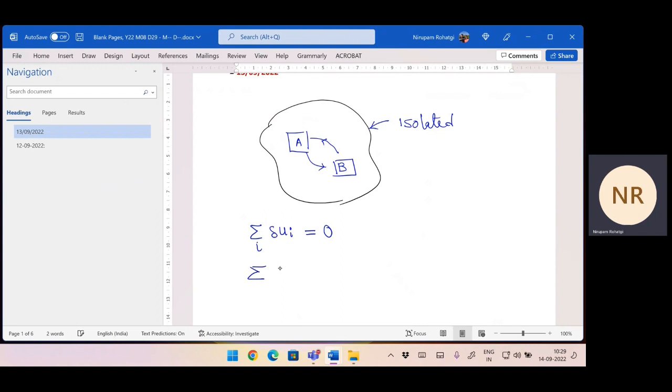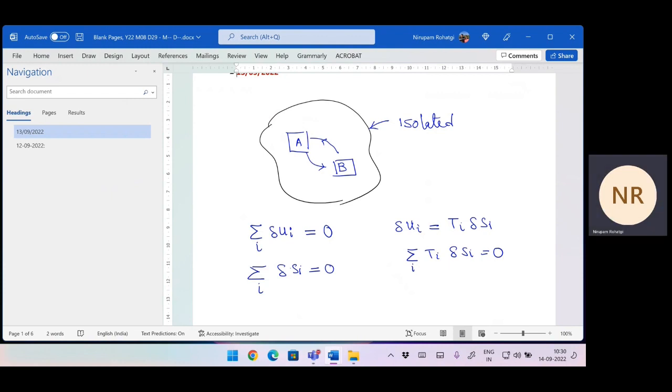Similarly, sigma delta Si will be equal to 0, because the system we are assuming in thermal equilibrium, so entropy change will be 0. Then your delta Ui is equal to Ti del Si. Okay. So you can write that sigma over i of Ti del Si should be equal to 0.